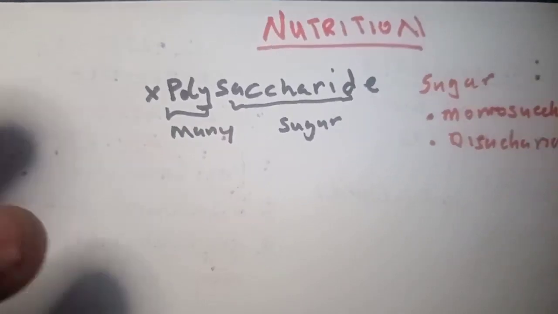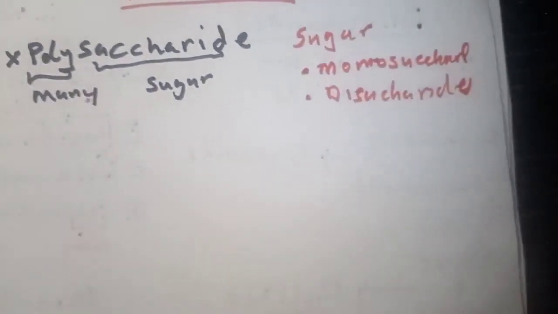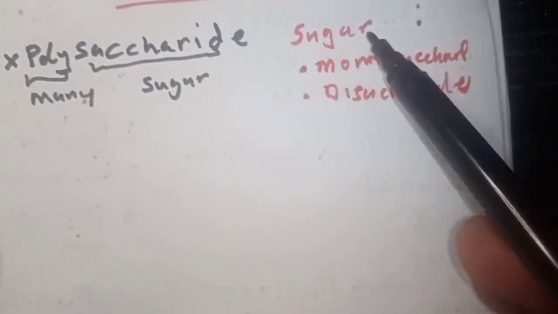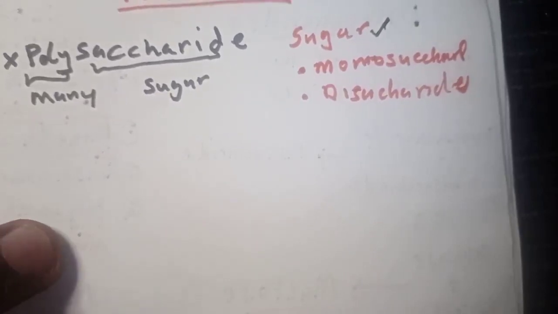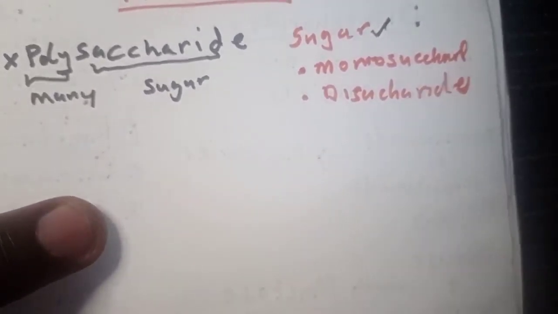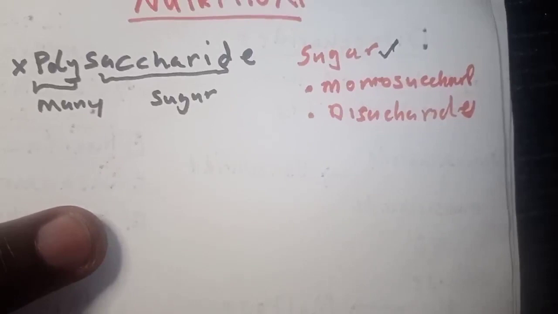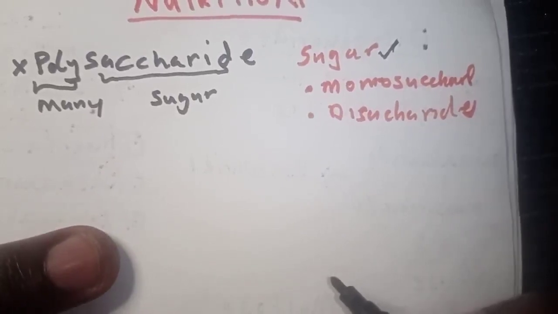okay? So when we talk about sugars, we simply mean two things: monosaccharides and disaccharides, okay? So both monosaccharides and disaccharides are called sugars, okay?